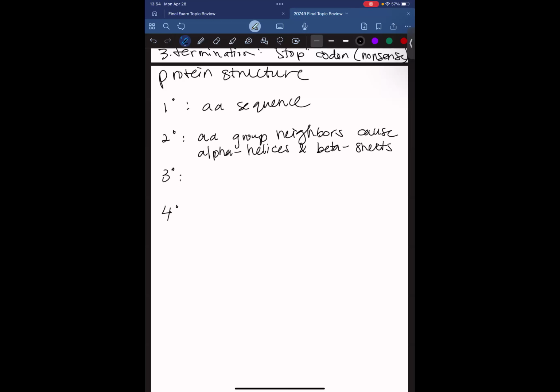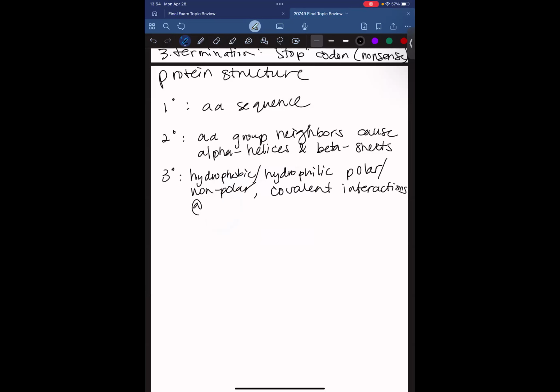In tertiary, we now have groups from far away. We have hydrophobic, hydrophilic, polar or non-polar, and even some covalent bonds being created at the large scale on a single polypeptide.